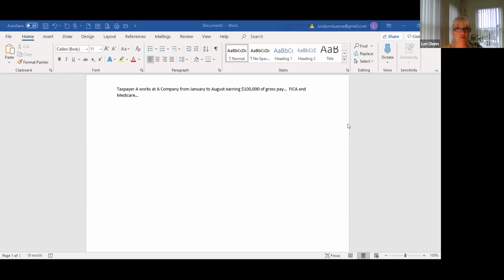And that's taxed at 6.2%. Medicare, there is no limit. Since your gross pay for the first 8 months of the year here, taxpayer A, is less than $137,700, you will be taxed at 7.65%. 6.2% for Social Security and 1.45% for Medicare. So let me just write that.